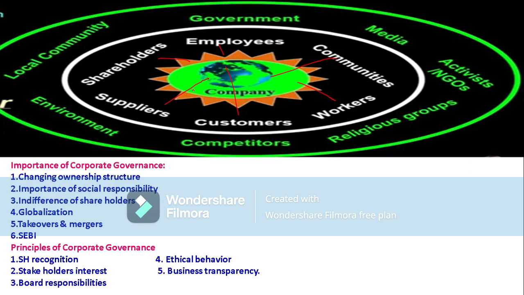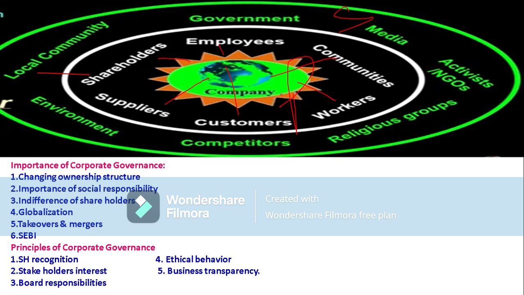Okay, so these are known as the primary stakeholders. If we see secondary stakeholders, local community, environment, competitors, religious groups, activists or NGOs, media, government, all these are secondary stakeholders. Okay, these are primary stakeholders. So every stakeholder is important.